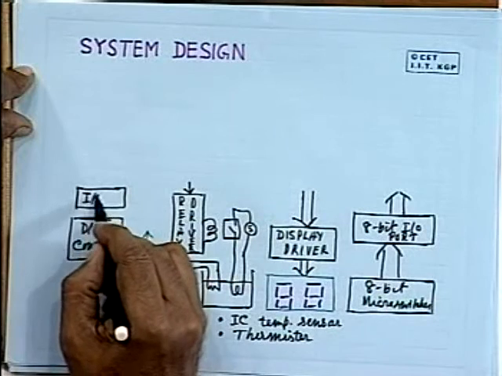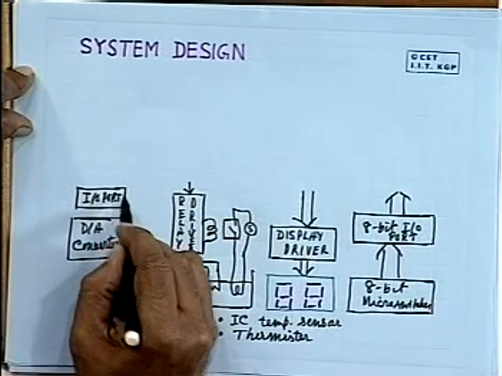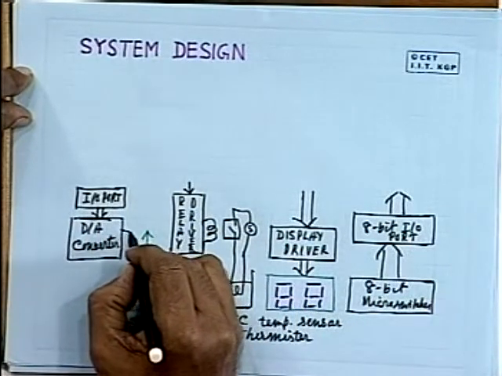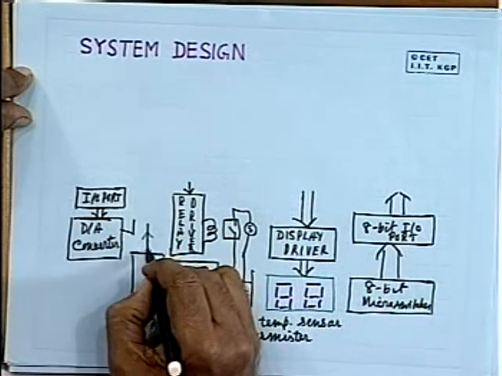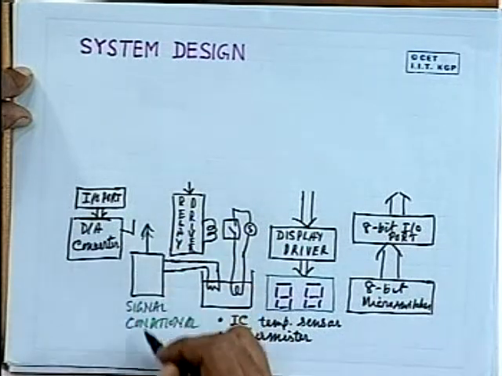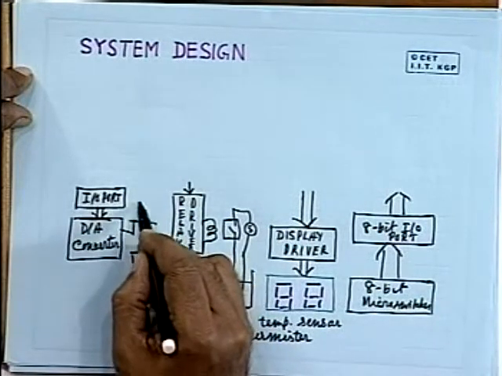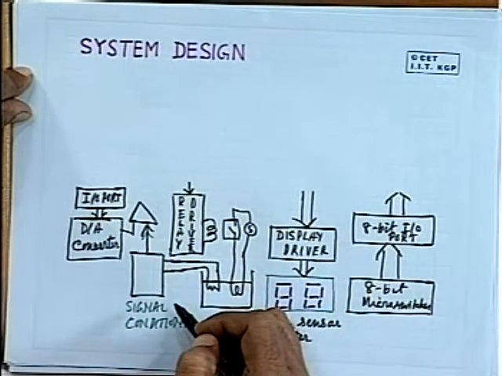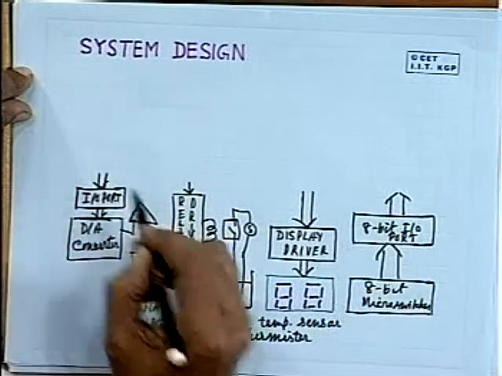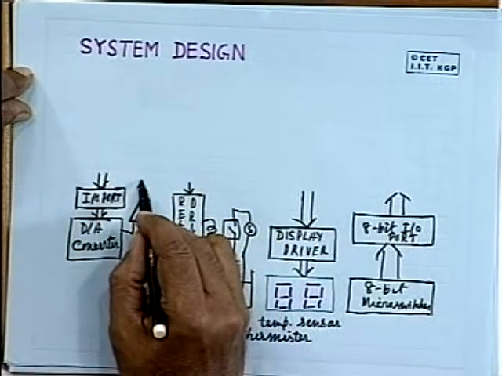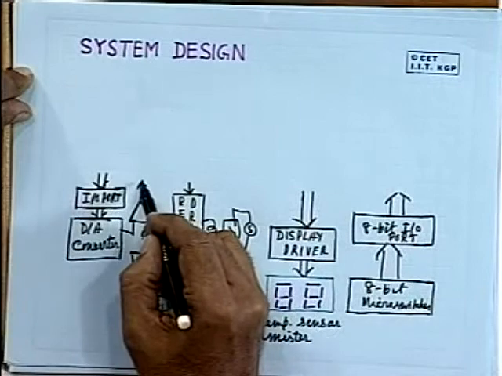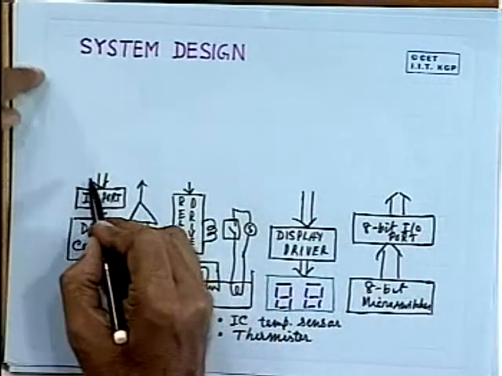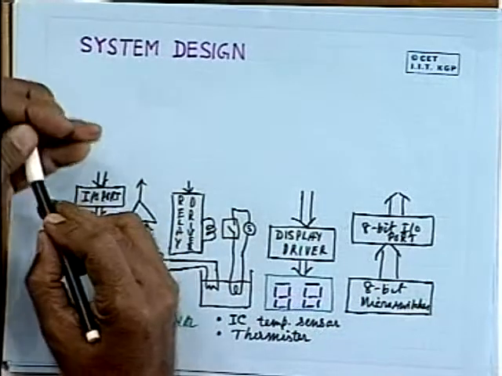Here also you will require one IO port, and that will drive the DA converter, and this output of the DA converter and output of the signal conditioner will go to a comparator to perform analog to digital conversion. So this port will come here, and this will go to another port line. So you will require a single port line here, a single port line here, and 3 8-bit ports, and this will go to the system bus.